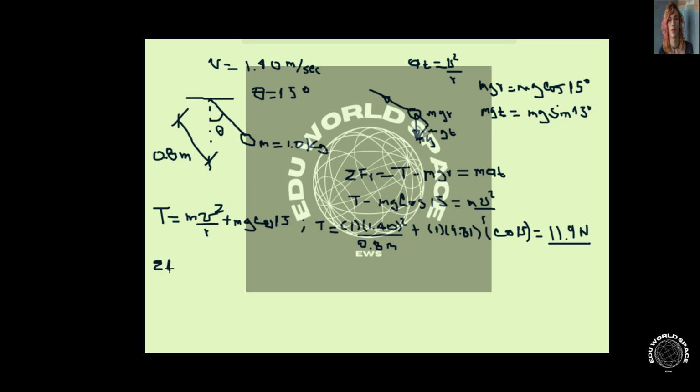We can solve for tangential acceleration equal to mgt, which is also going to be equal to, by Newton's second law, m a t. Actually here I wrote t, but it should be radial, as we are talking about the radial component.